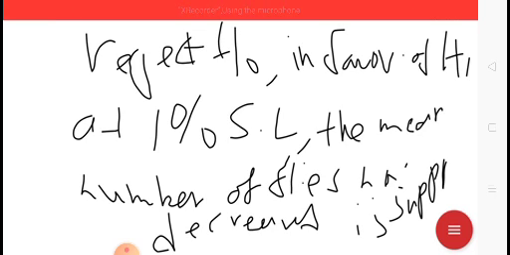You can say it like that. Okay, so reject H naught in favor of H1 at 1% significance level, the mean number of flies has decreased is supported. Okay, so this is for question 14. Right, now we move to the last question, question 15.